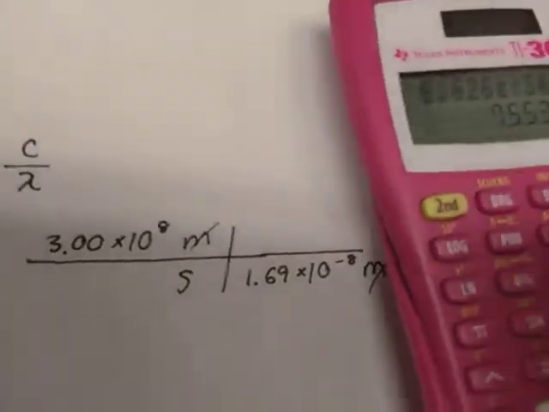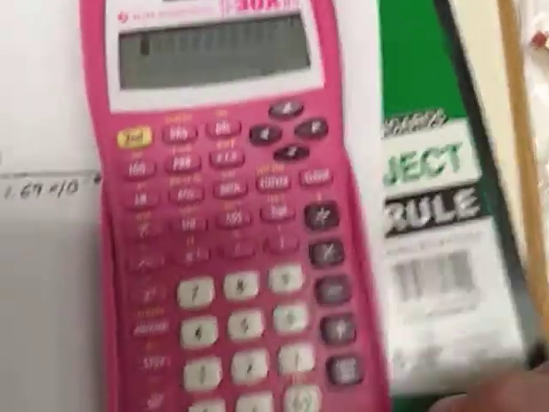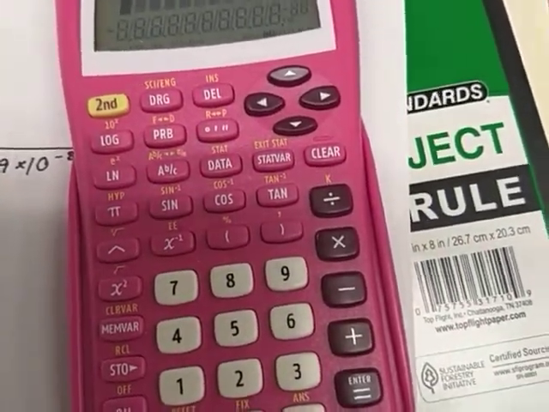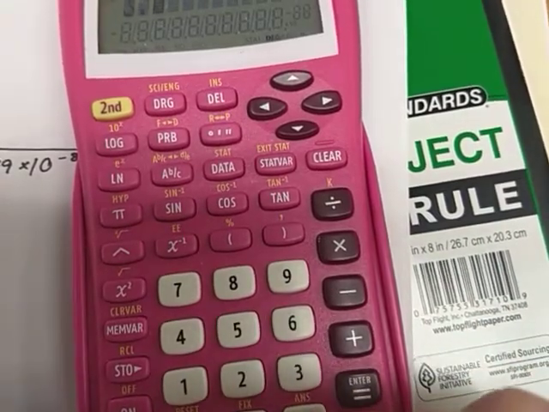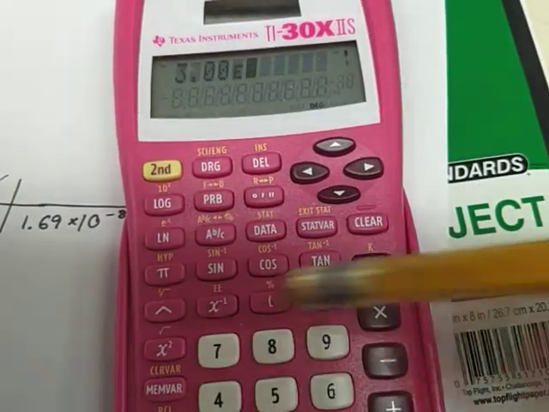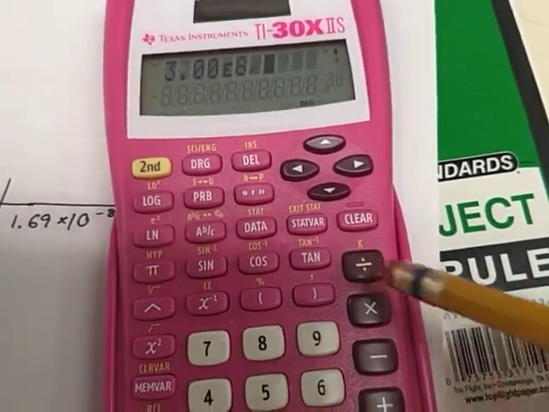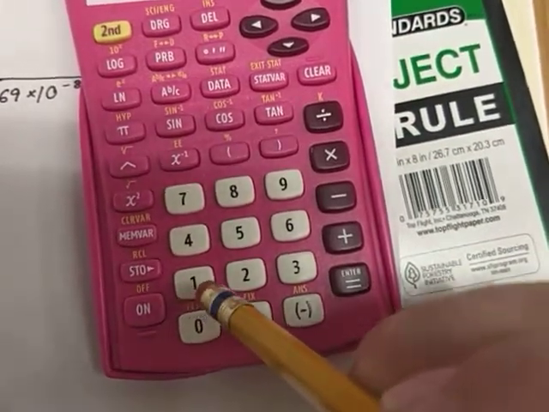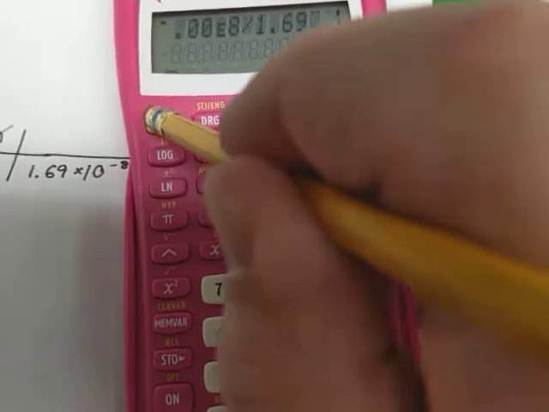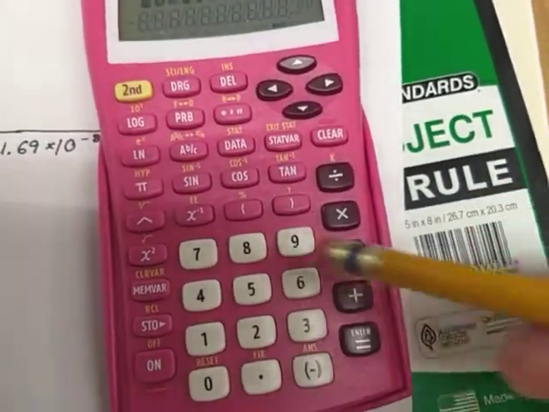We're going to punch in our numbers. Let me clear my calculator. So we have 3.00. I use my second function of the EE, 8. I'm dividing by 1.69, second function EE, negative 8.